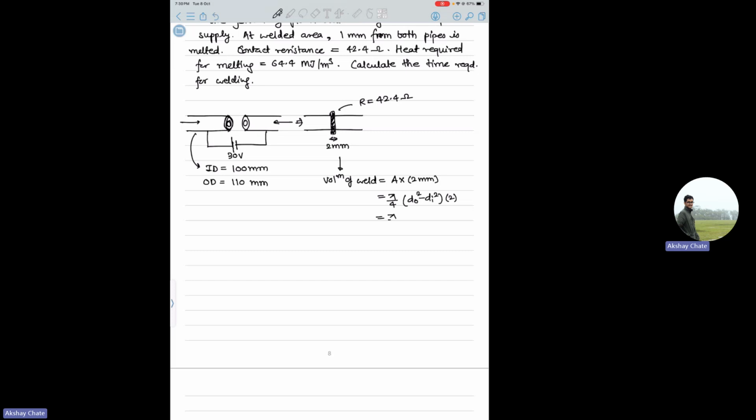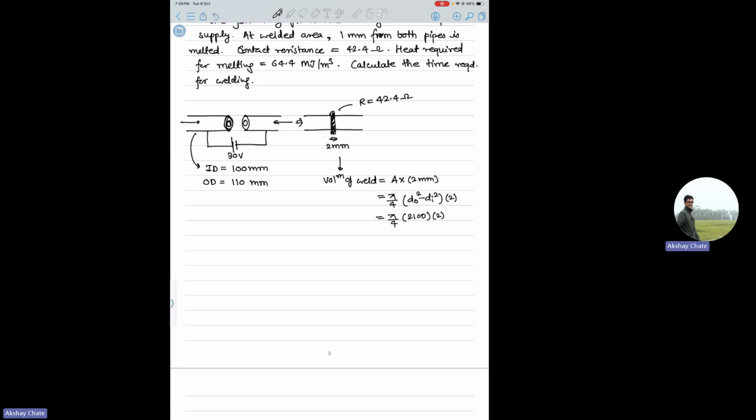So that will be pi by 4 into (12100 minus 10,000), that is 2100, into 2.